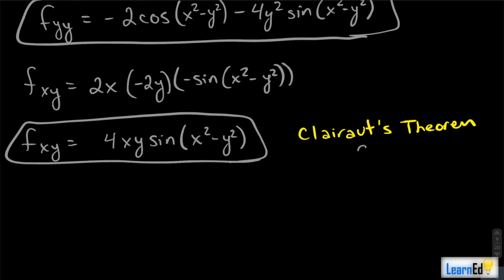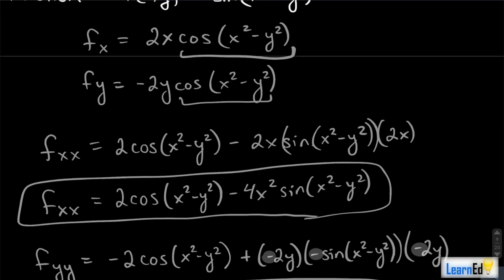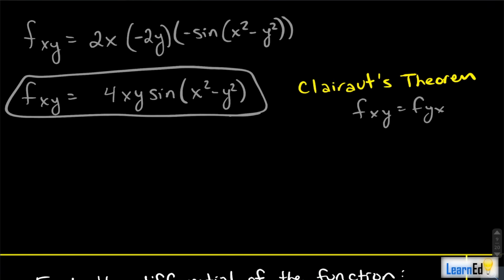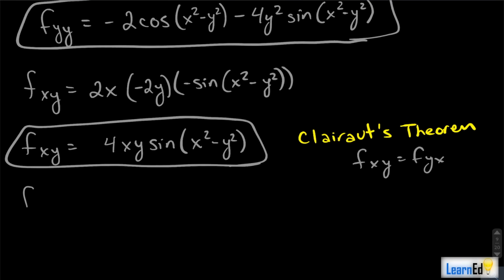Clairaut's theorem is that fxy equals fyx. So sure enough, if we took a partial derivative of fy with respect to x, we would get the same thing. But we don't have to do all that work because we can just cite Clairaut's theorem and get that fyx equals fxy.